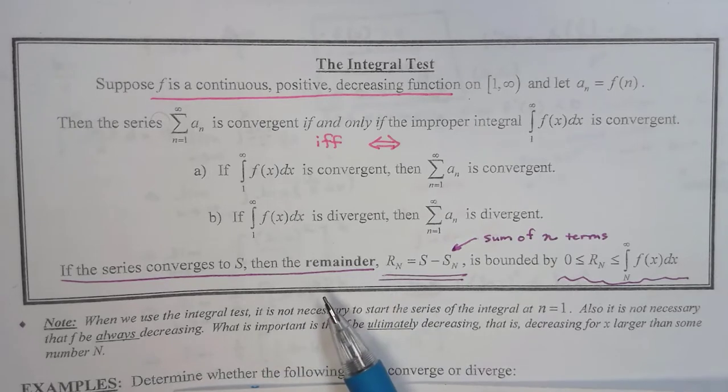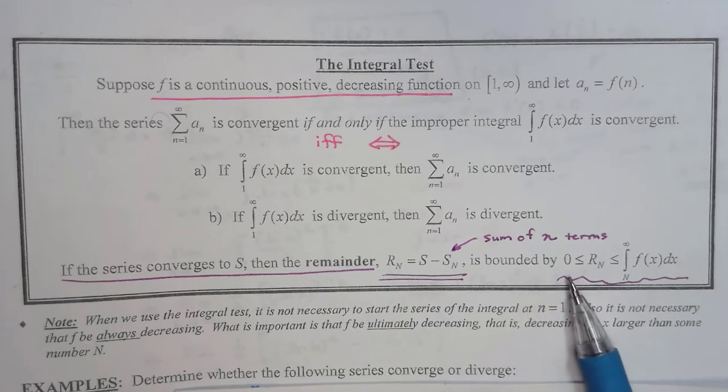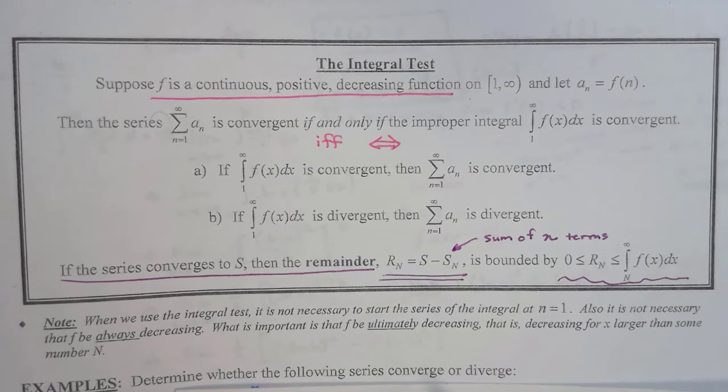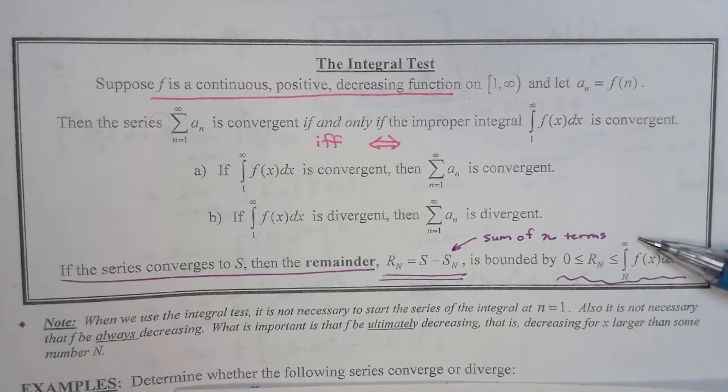If the series converges to s, then this remainder is bounded by 0 and the integral from the nth term to infinity. So let's say I look at 5 terms. Then my s sub 5 would be the sum after 5 terms. So r of 5 would be the remainder after I've taken a sum of 5 terms. So my remainder would be bounded by the integral from 5 to infinity.